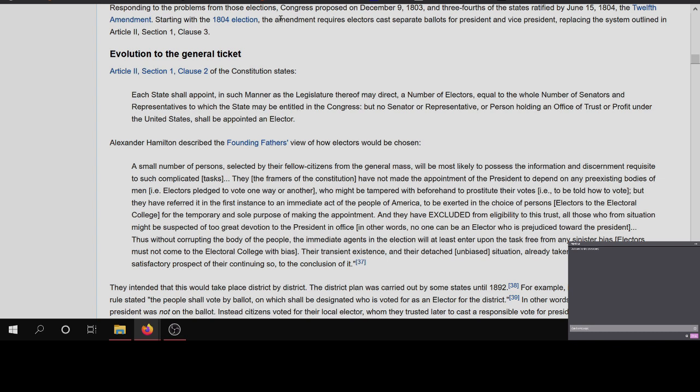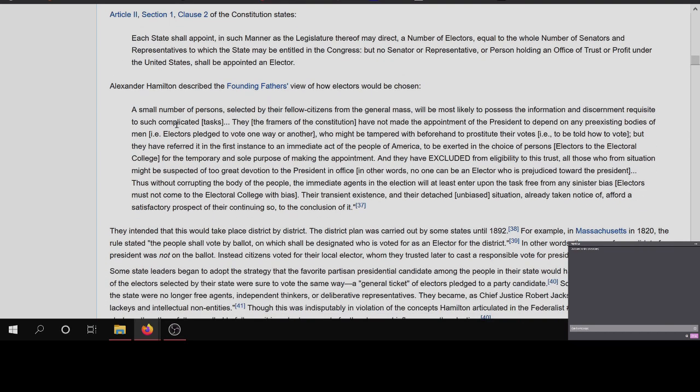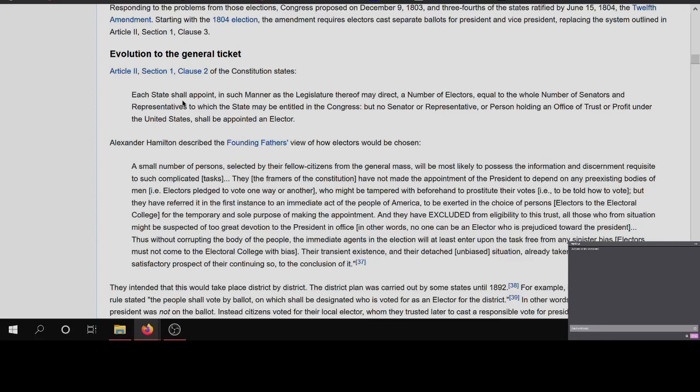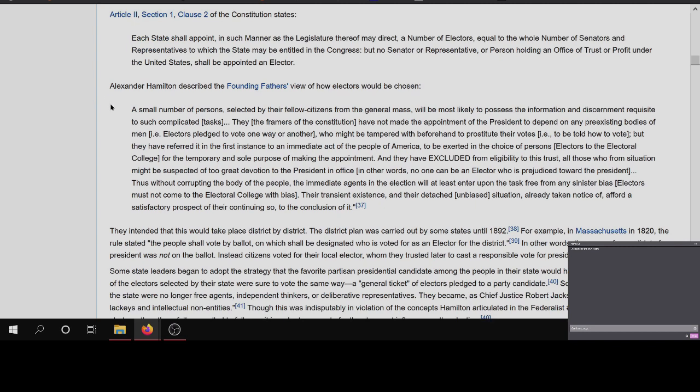Evolution to the general ticket, going back to Article 2, Section 1, Clause 2. Let me go briefly. Each state shall appoint, in such a manner as the legislature thereof may direct, a number of electors. So I'm just skimming through it so I get a sense of how they spoke.